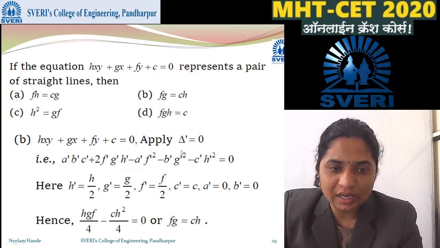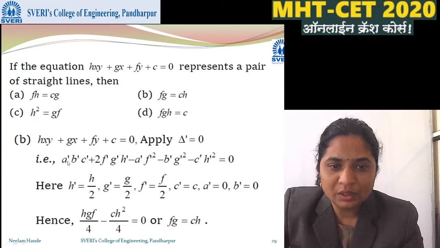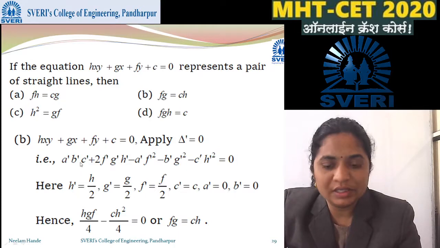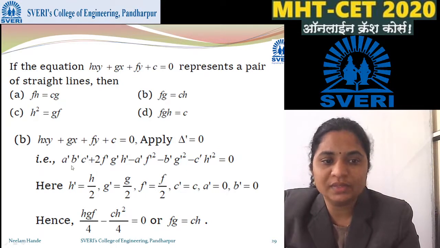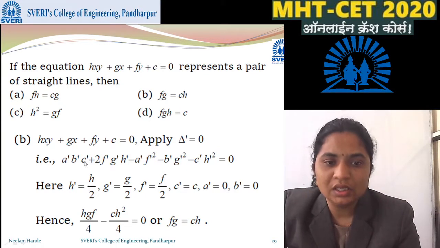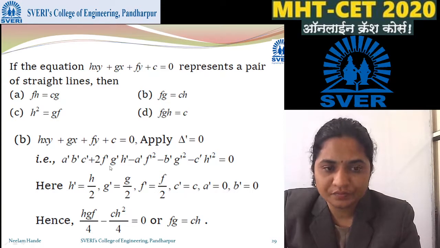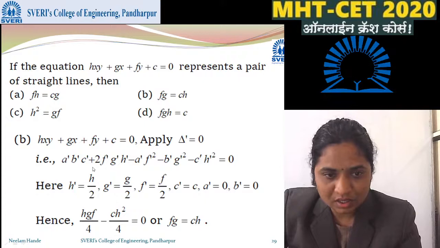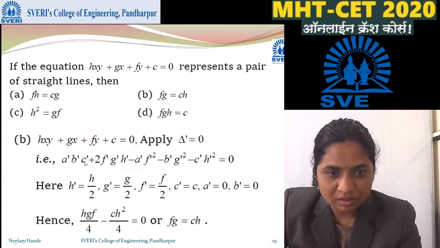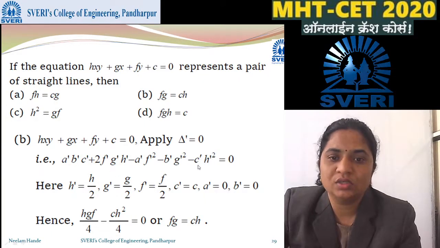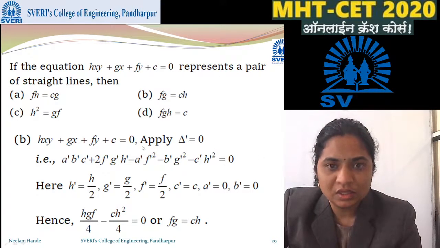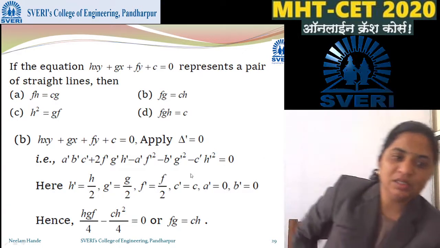And its delta, if we define it, is a, b, c plus 2fgh minus af square minus bg square minus ch square, and it is equal to 0. If we solve this, we will get the required condition.